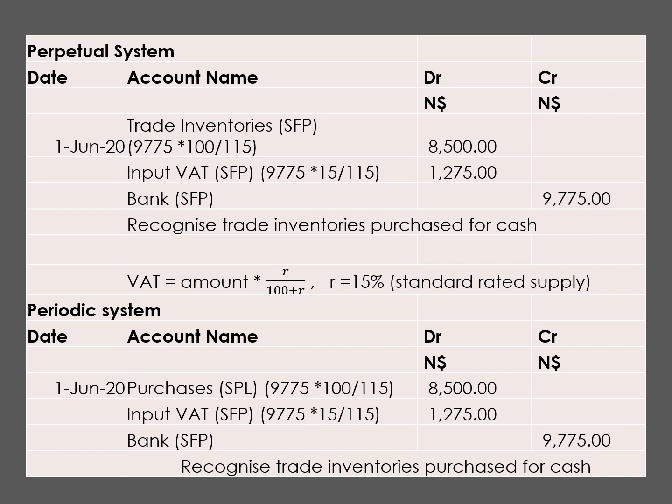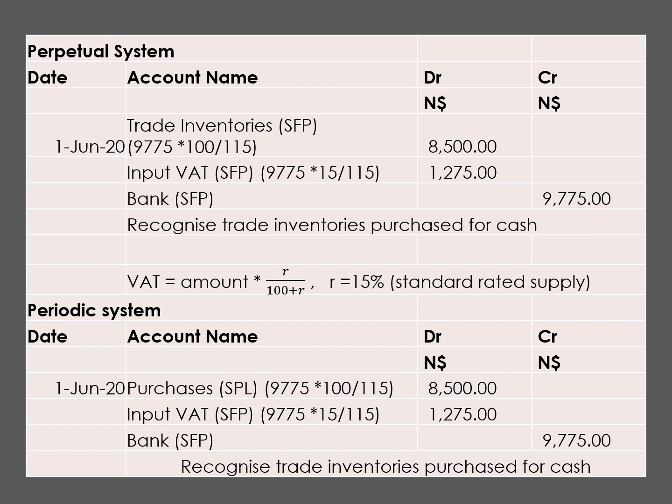Since the amount is inclusive of VAT, to calculate VAT, we have to use the VAT fraction formula, whereby the VAT amount is equal to R divided by 100 plus R, whereby R is equal to 15% as this is a standard rated supply. Therefore, in this instance, the VAT amount will be the purchase price times 15 divided by 115, which gives us an answer of 1,275 Namibian dollars.